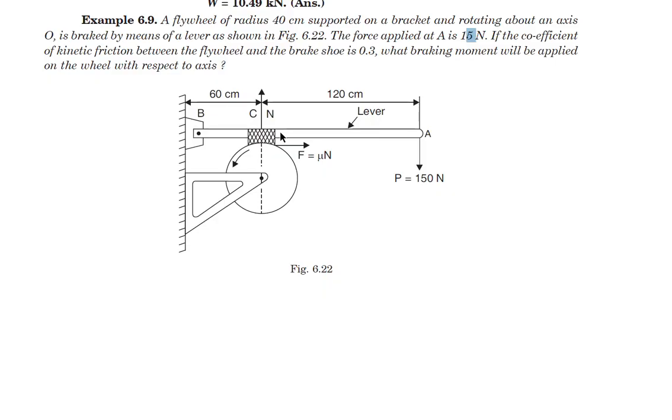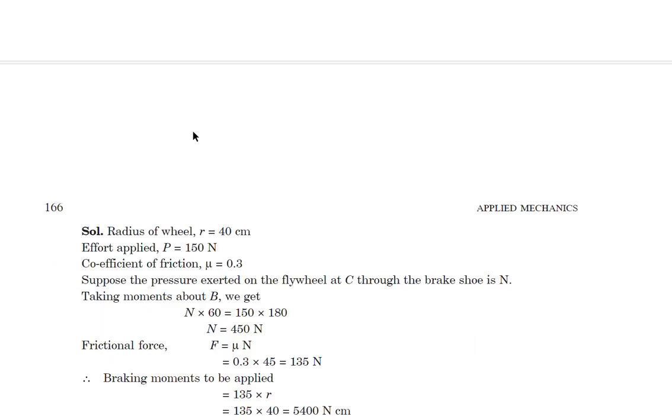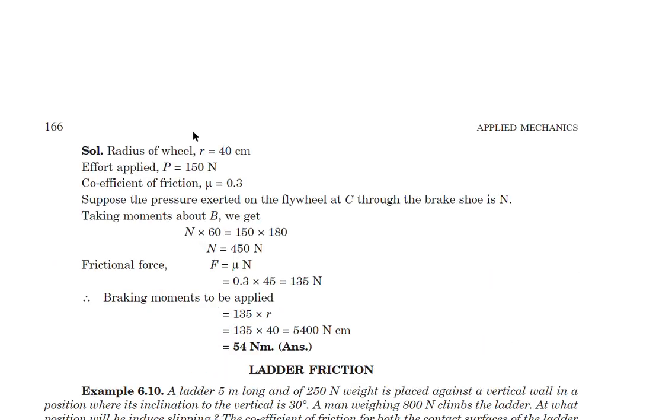Then we can consider the moment of this friction force, this normal reaction between the shoe and the wheel, and this P equal to 150 Newton force about point B. These two things will provide us two equations that we can use to solve our problem.